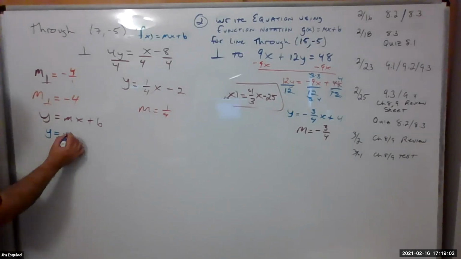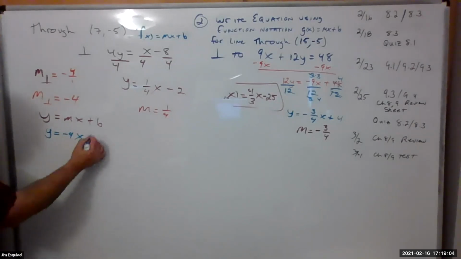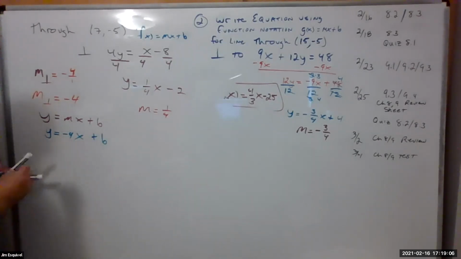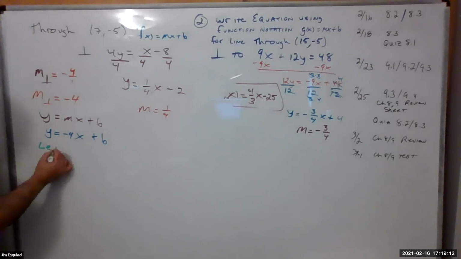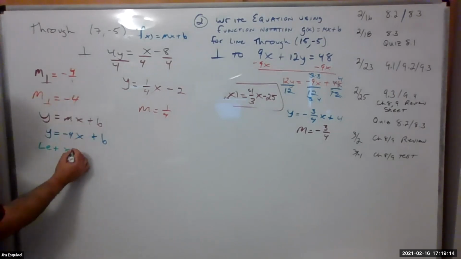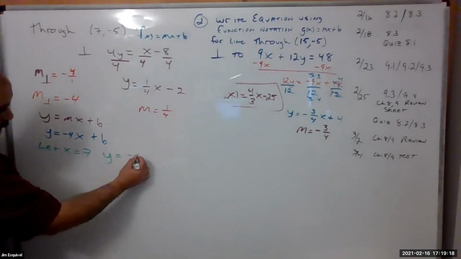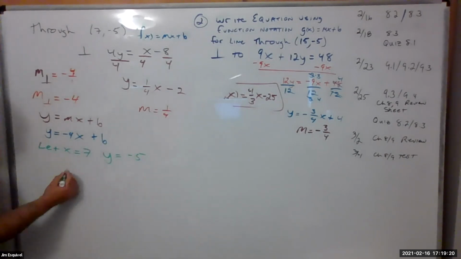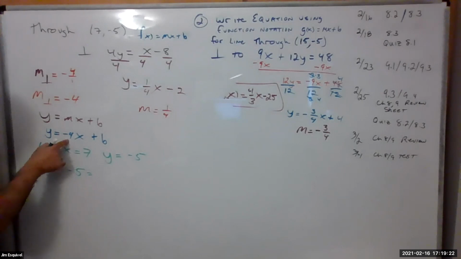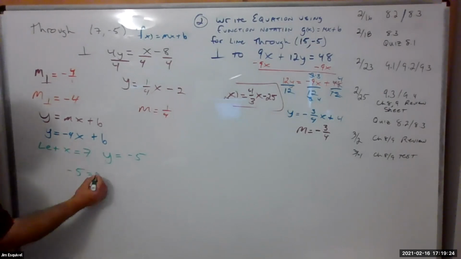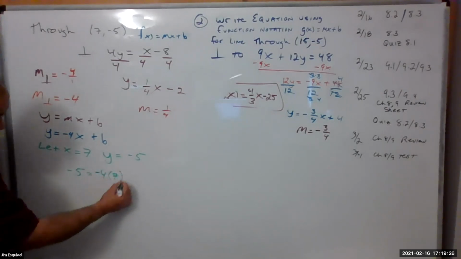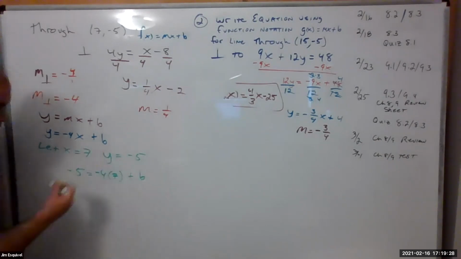So y equals -4x plus b. The only point we have is 7, -5. So we're going to let x equal positive 7, y is -5. So -5 equals -4 times 7 plus b.